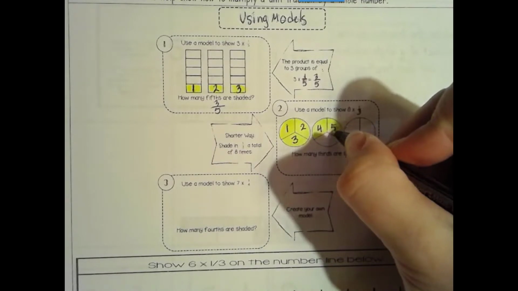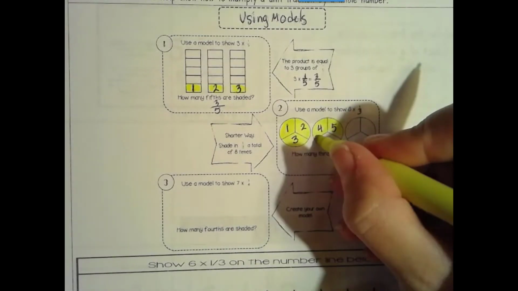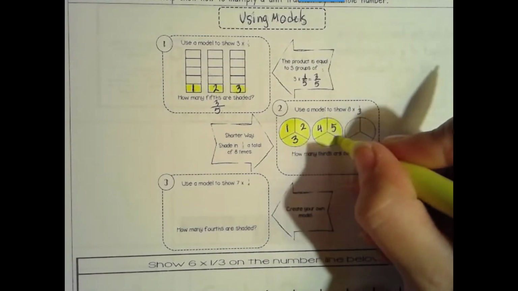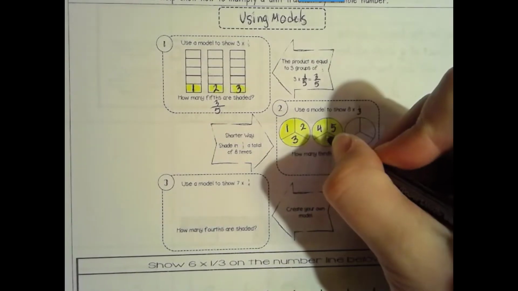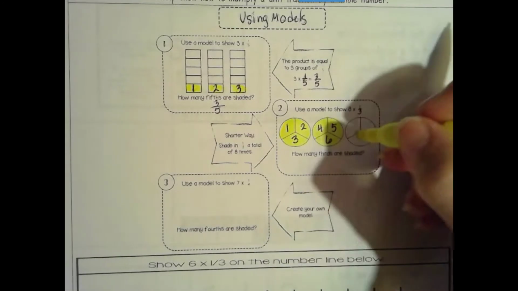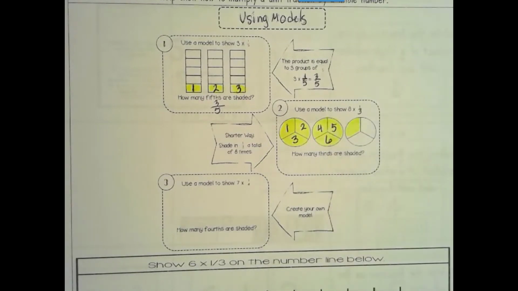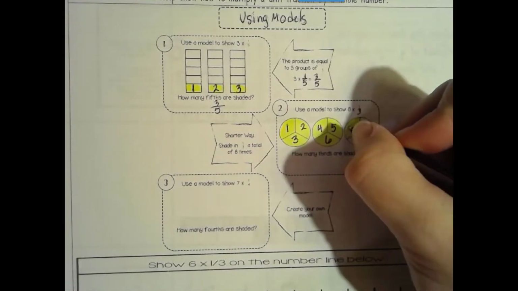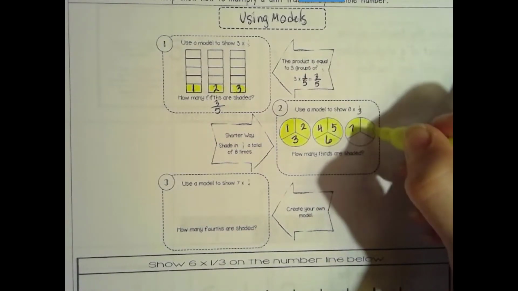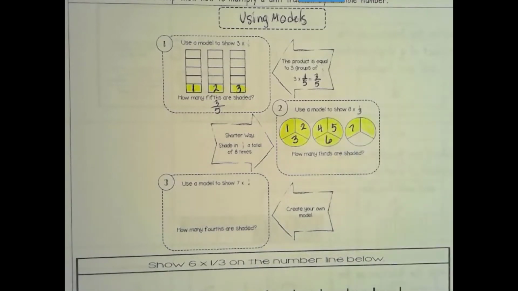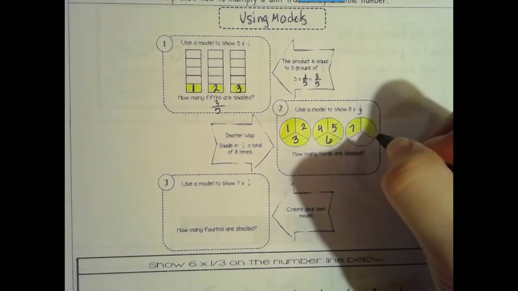So that is 5. Another 1/3 is 6. Another 1/3 is 7. And my last 1/3 is 8.